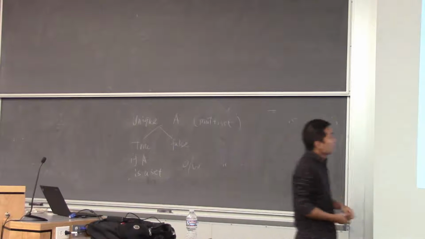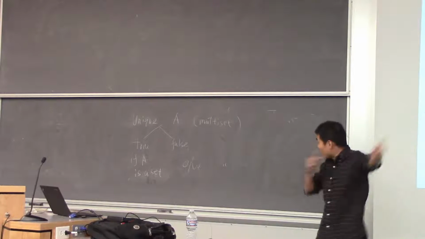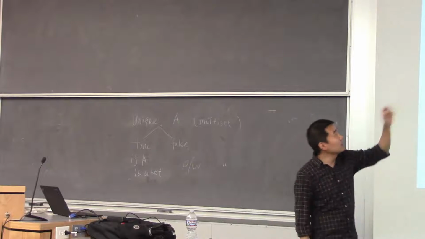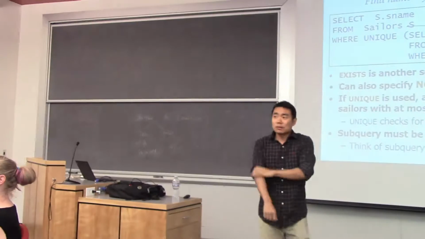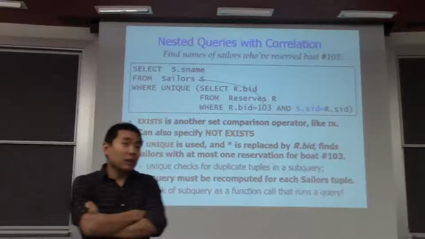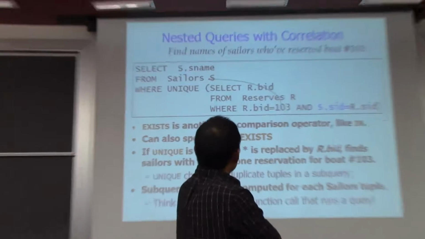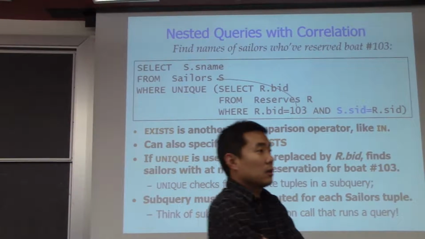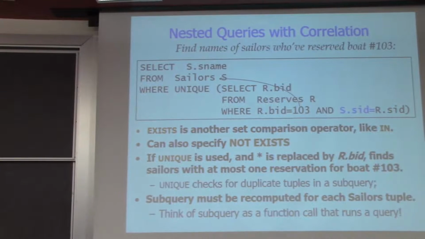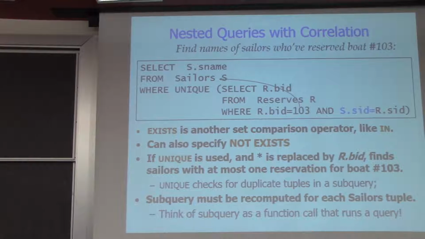So that's unique. Now we understand this. What exactly does this query do? Finds all the sailors who have reserved this particular boat. Finds the unique ones. What do you mean?